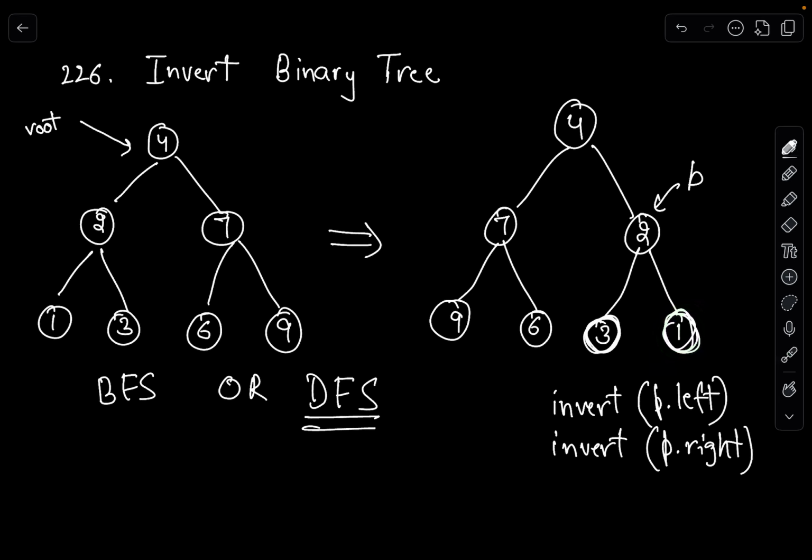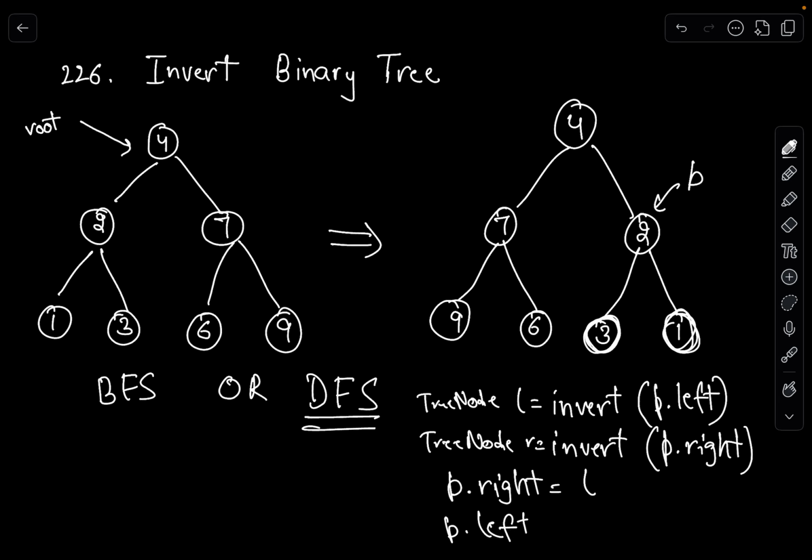Let's say the node references you have, I'll name it L from the left inverted subtree, and from the right inverted subtree I have R. Now you are standing here and you know that both are inverted, and you have L and R. All you have to do is your P dot right becomes L, and your P dot left becomes R. As simple as that.